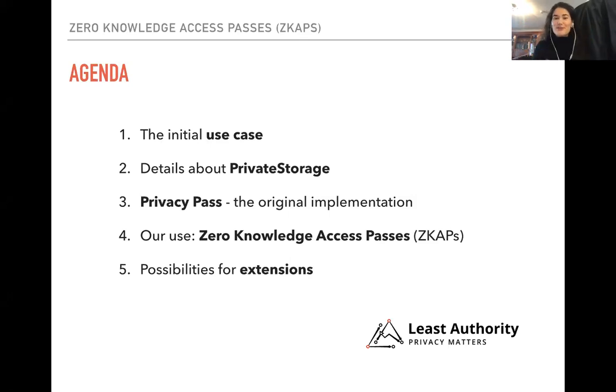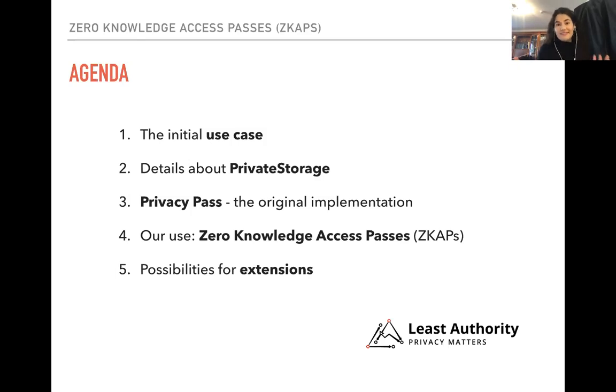So I'm going to tell you about the use case that Lease Authority had, and I'm going to go a little deeper into the use case, which is actually a cloud storage solution called private storage. And then another thing came up, privacy pass, which another team did, and which Lease Authority adapted, using the underlying technologies of privacy pass for their cloud storage solution and their problem.